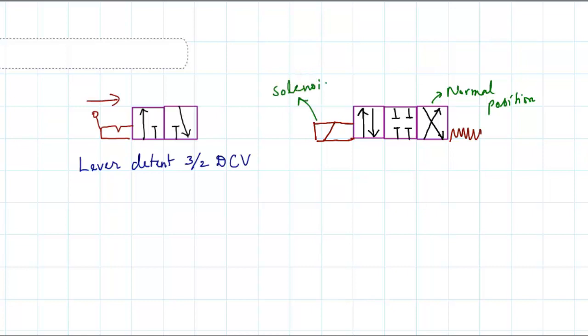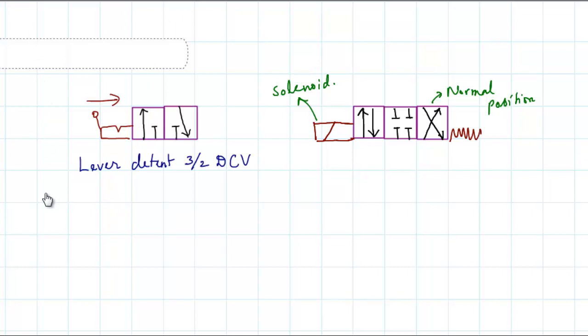That we have already studied: what is the shape and how we draw the solenoid, and the solenoid will switch between the positions. But if the DCV spool or the moving parts of the DCV are very huge, such that the solenoid is not able to move them, sometimes there will be a hydraulic system attached with the solenoid, so that it gives the power required to move the valve positions.